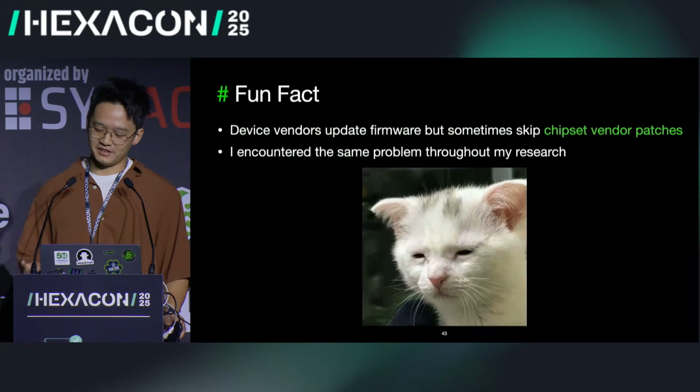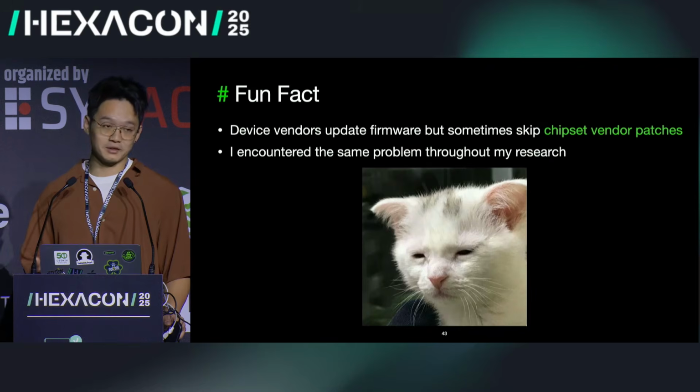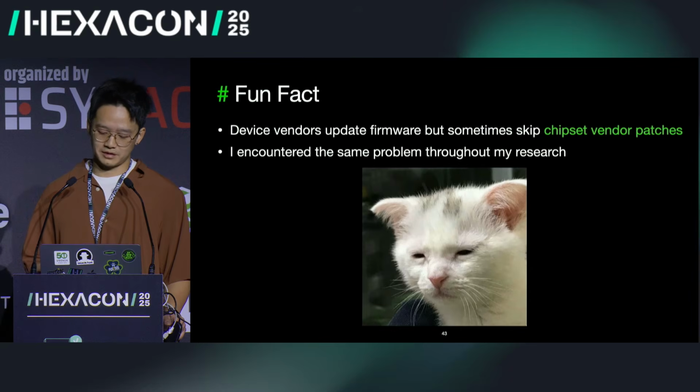Here is a fun fact I learned from the lesson, but it wasn't fun for me. Device vendors update firmware, but sometimes they skip the chipset vendors' patches. I had to spend a huge amount of time hunting down different firmware and drivers, and I could never be sure whether what I found was really the latest.